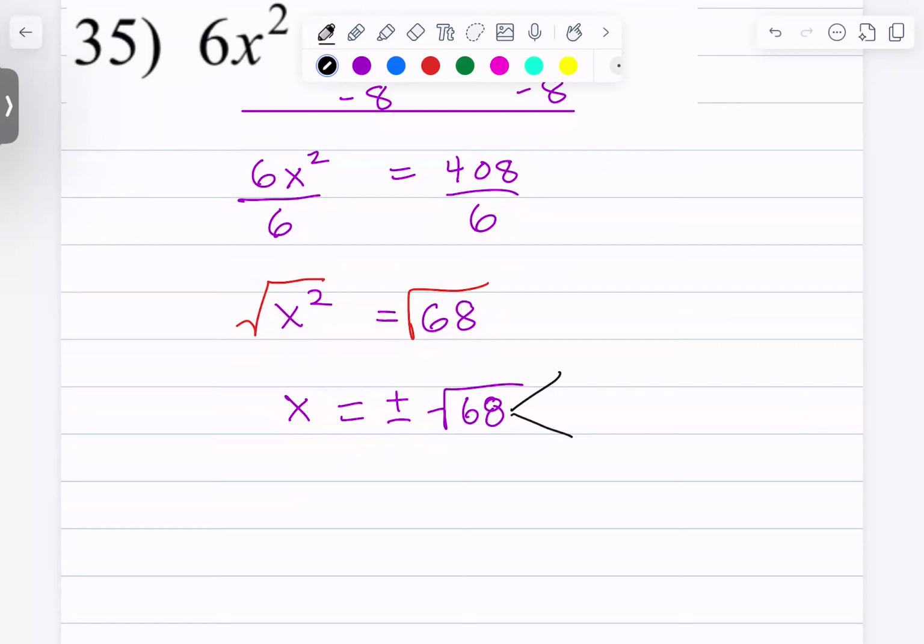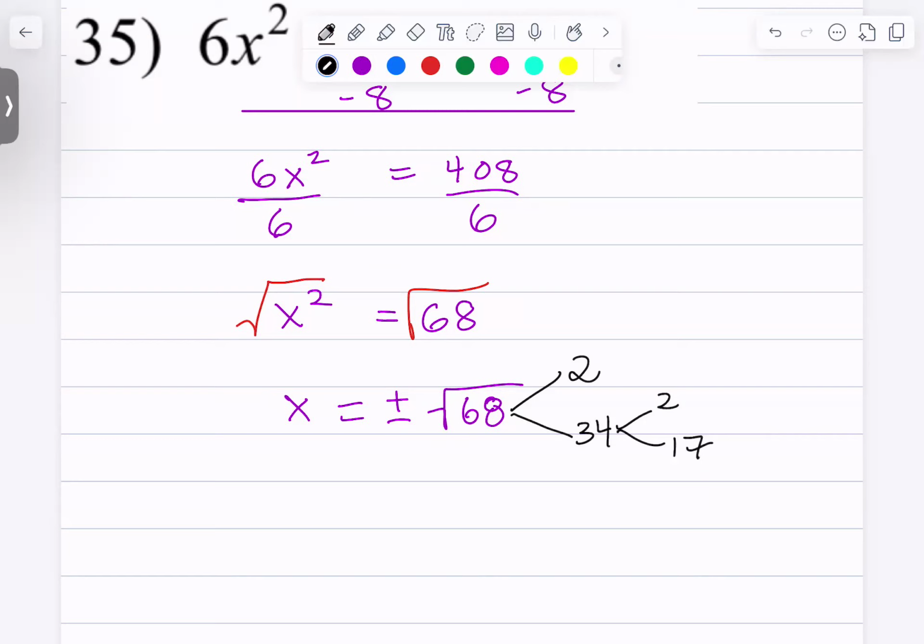68, what times what is 68? If it's difficult for you guys to get it right off the bat, 2 times 34. How about 34? 2 and 17, right?